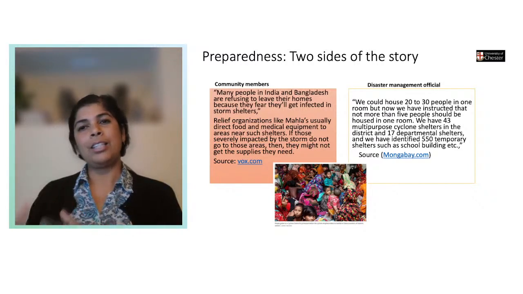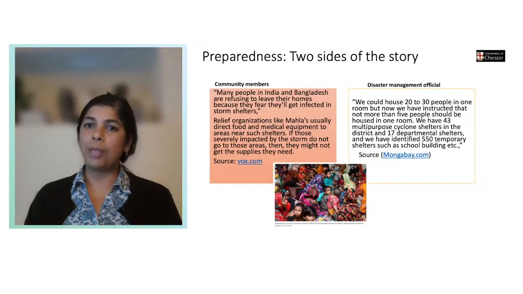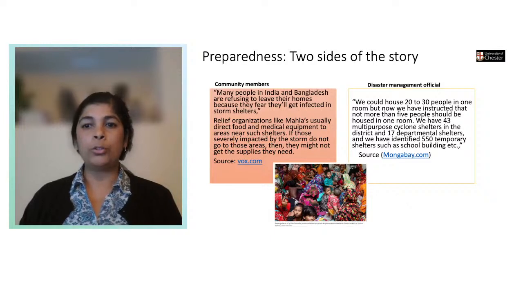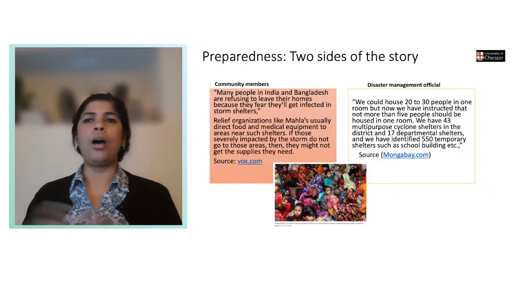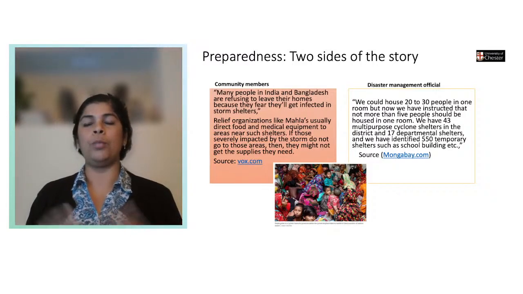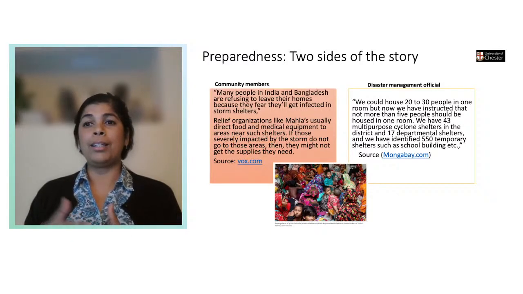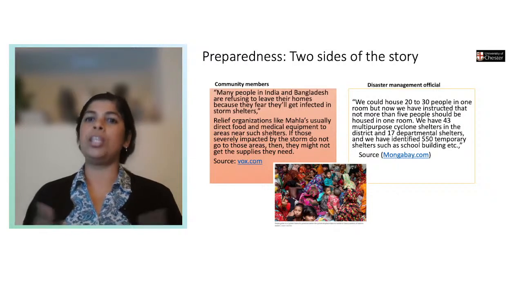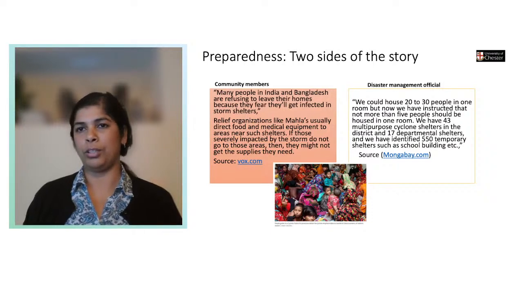And this became a problem for the disaster management officials, because they wanted people to move to shelters, but their problem was that they could house a number of people in one room previously. During the pandemic, they were told to keep the social distance, but they didn't have extra shelters to put the people.